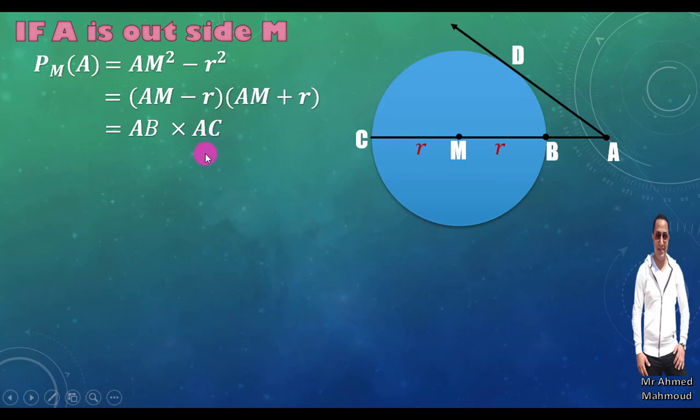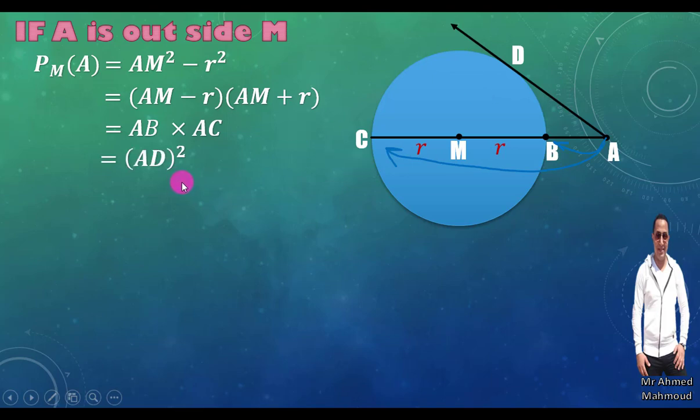Finally, I can conclude that the power of the point A, this is a new rule, equals AB times AC. I already studied this at lesson 5 unit 3: AB times AC equals AD power of 2.